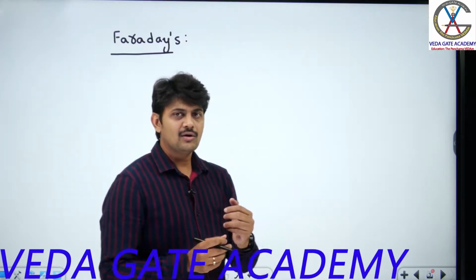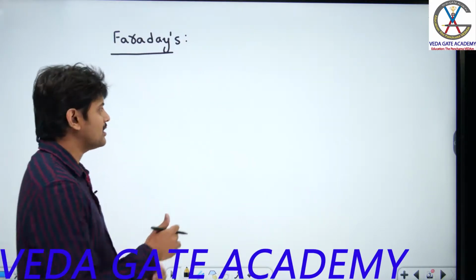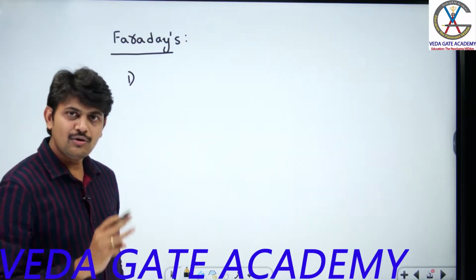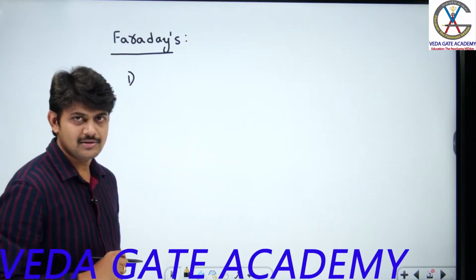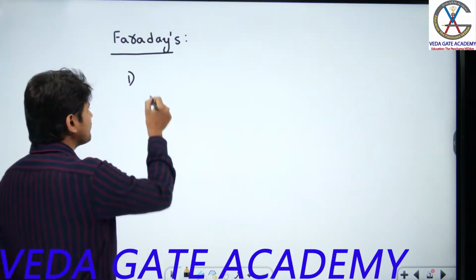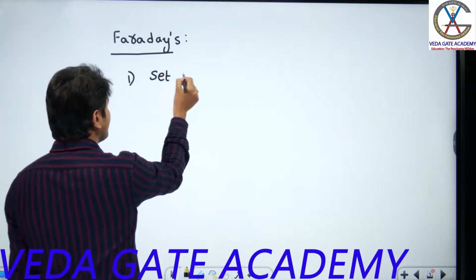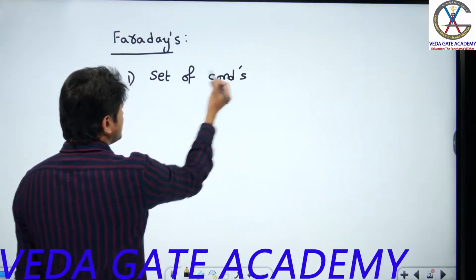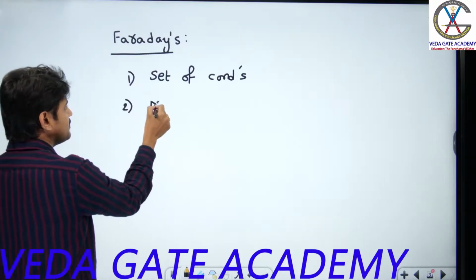If you again go through the statement I have given, in order to produce or generate EMF across a coil, you require three basic requirements. What are those basic requirements? First one, you require some set of conductors. Second one, you require a magnetic field.